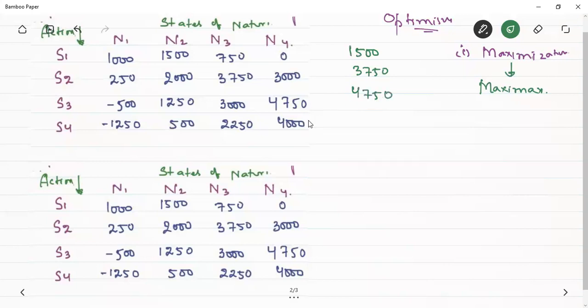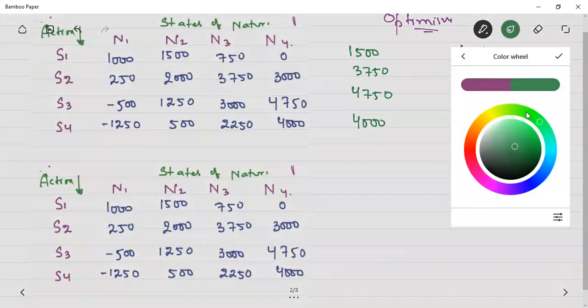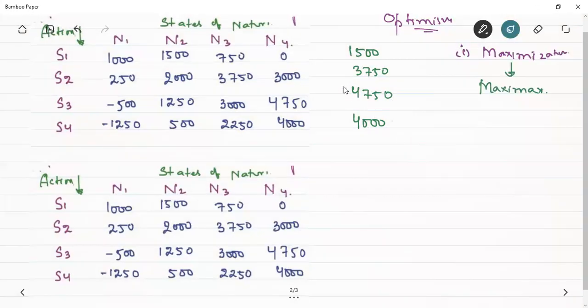And finally, in the fourth course of action, we have the maximum value of 4000. So what does the Maximax criterion say? Select the maximum among the maximums. Among these 4 maximums, the maximum value is 4750.